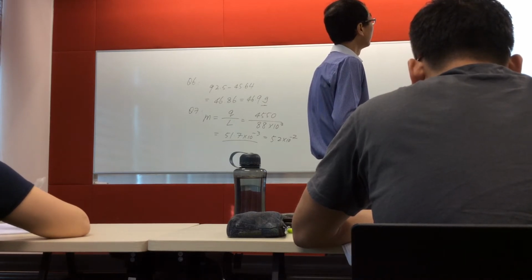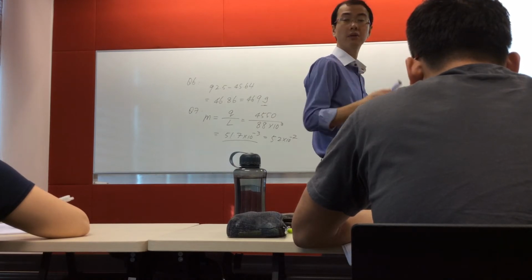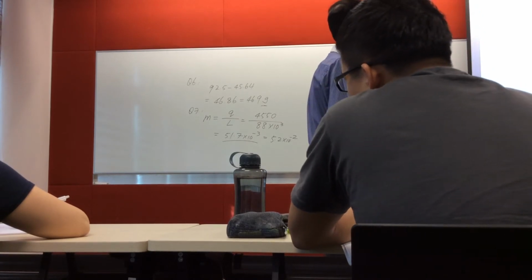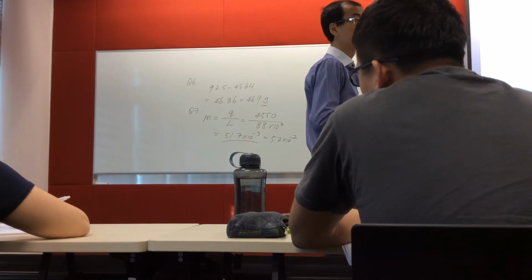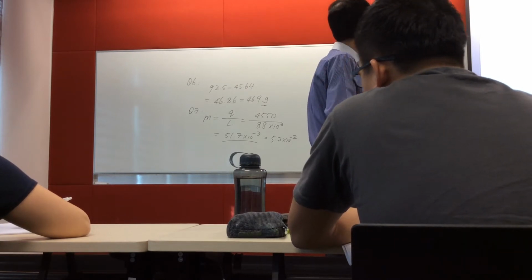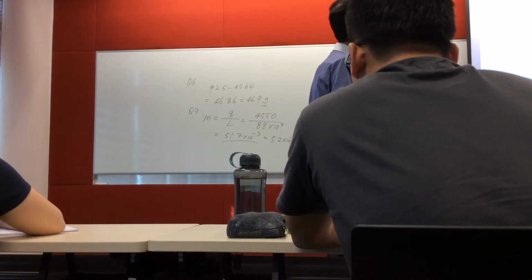You need to find the density rho, so you need to use the mass divided by the volume. The volume of the sphere is 4/3 pi r cubed. The mass of the sphere is 0.44 gram.